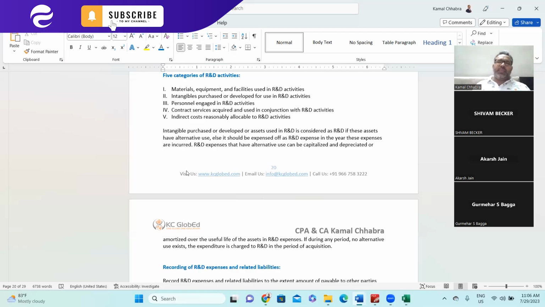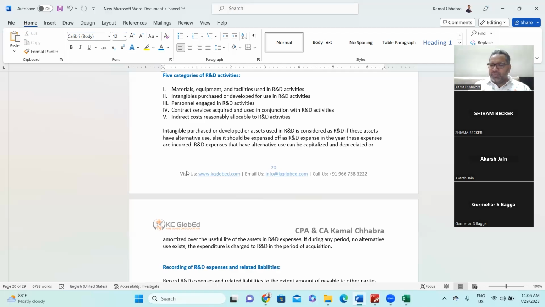This software is used for machinery designs on laptops or computer systems. In the same way, you might have heard of Canva, Photoshop, Illustrator, right?